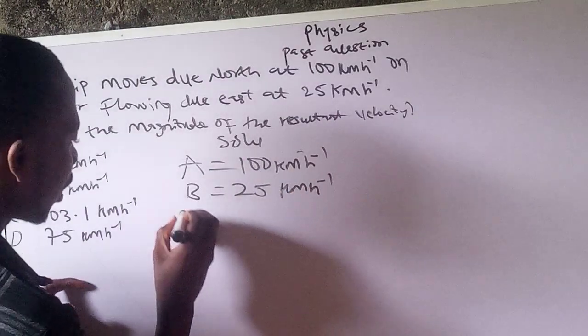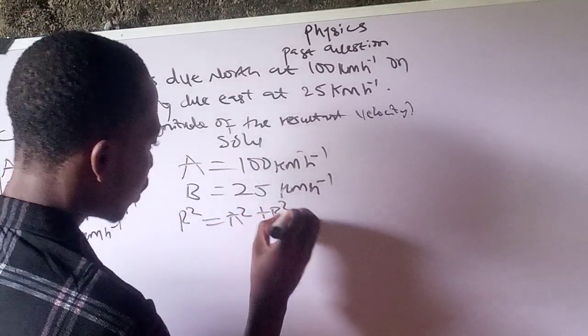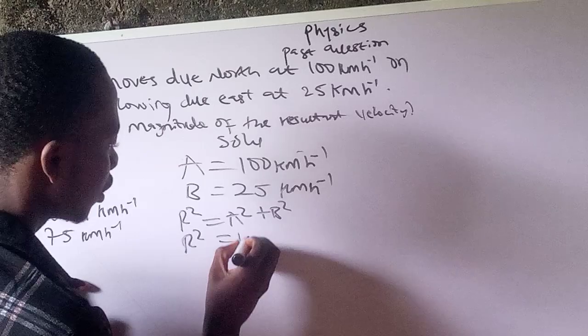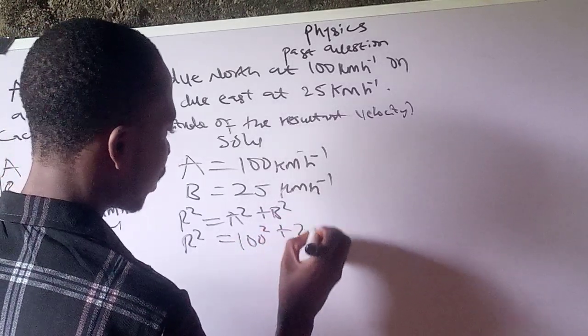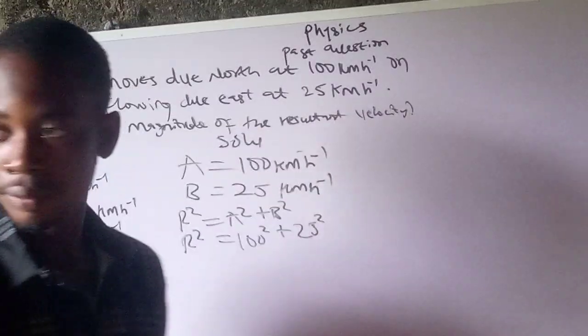Now let me use the formula. R squared equals A squared plus B squared. That is R squared equals 100 squared plus 25 squared. Let me make use of my calculator.